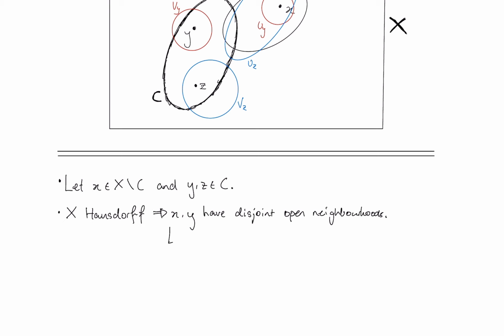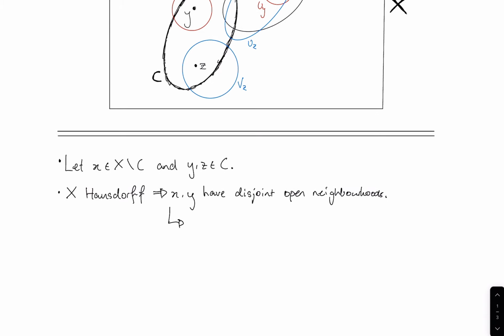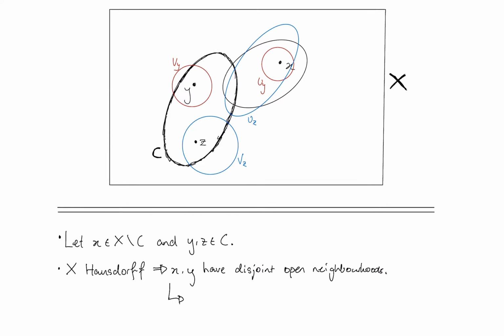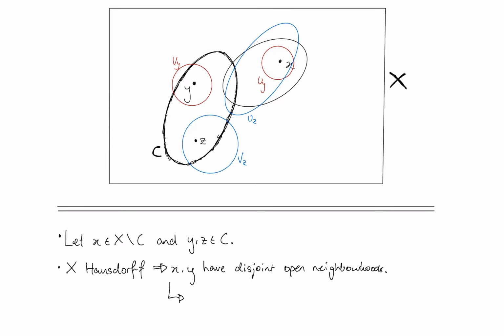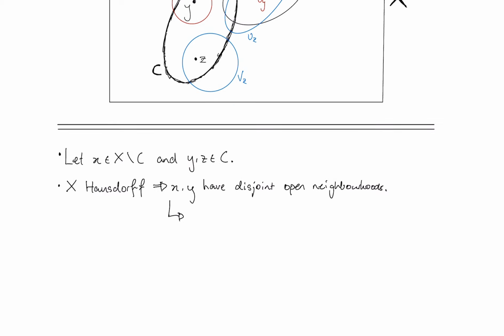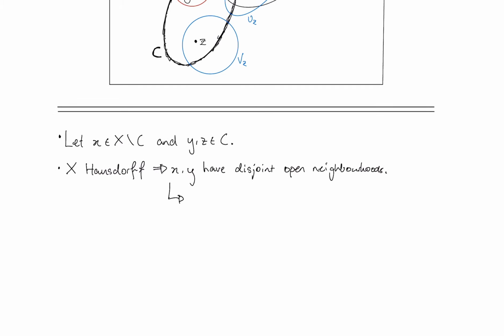So let's clarify what this means with some notation. If we have Vy, this red circle here, a given open neighborhood of Y, then there exists a corresponding open neighborhood of a point in the complement, where if you draw an open neighborhood around that point in the complement, it's necessarily disjoint from the open neighborhood around the point Y. And this is because the space is Hausdorff.